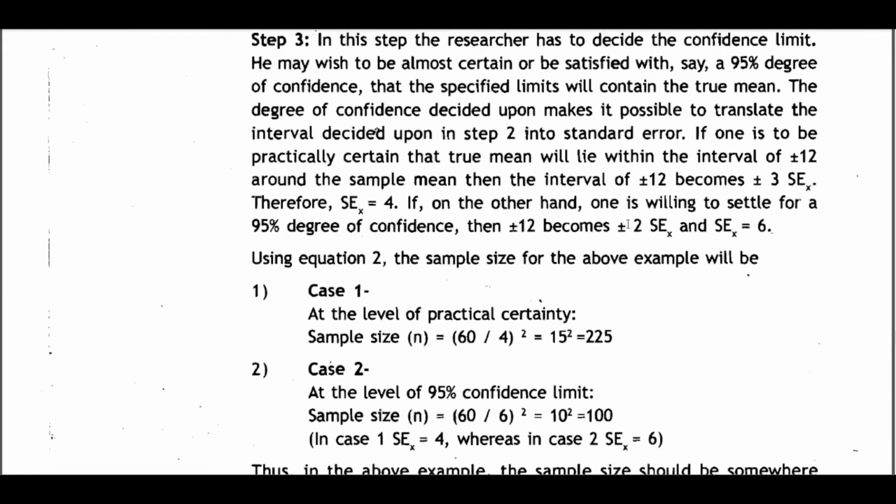Step number 3. In this step, the researcher has to decide the confidence limit. He may wish to be almost certain or be satisfied with a 95 degree of confidence, that the specified limit will contain the true mean. The degree of confidence decided upon makes it possible to translate the interval decided upon in step number 2 into standard error.